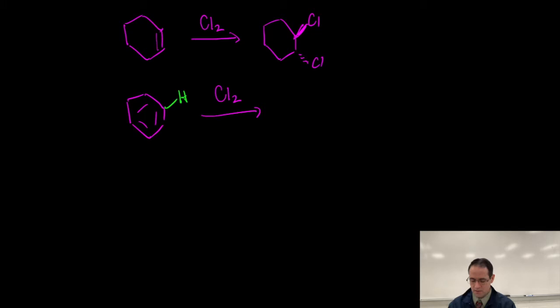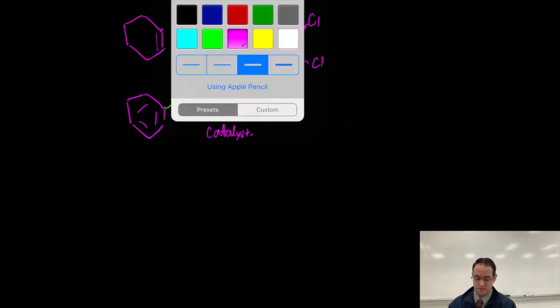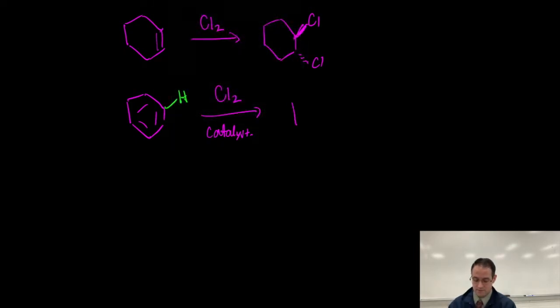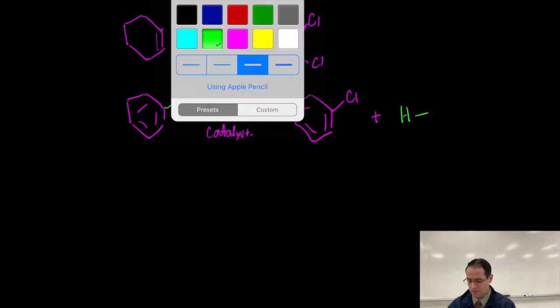If you add chlorine with a suitable catalyst, okay, they did figure out eventually how to get benzene to react with chlorine, but it didn't react the way they thought it would at first. It substituted that hydrogen for a chlorine, okay? And they got hydrogen chloride as a byproduct, okay?